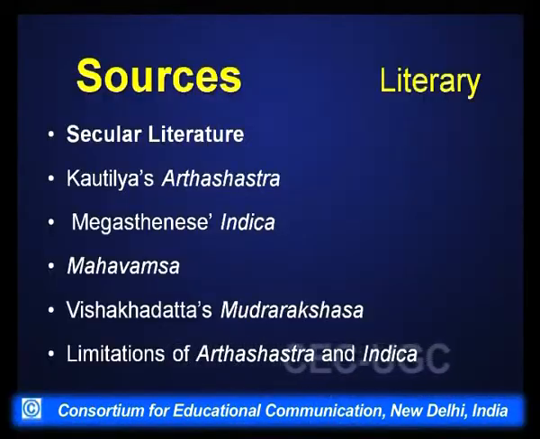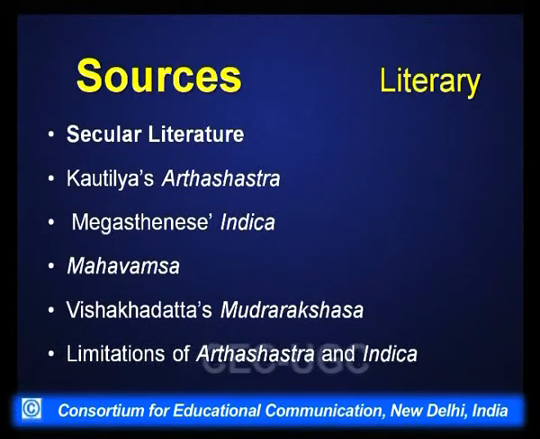The first problem with Megasthenes' Indica is that this text is not available in its original form. What we have today is in fact excerpts by various later writers such as Strabo and Arrian, who have used Megasthenes' Indica in their own writings, and they have quoted from Megasthenes.